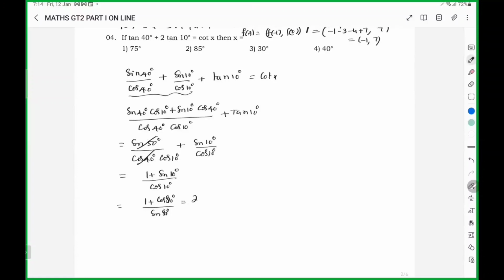Here it is 2 cos square 40 by 2 sin 40 cos 40, which gives cot 40. So the x value is 40.